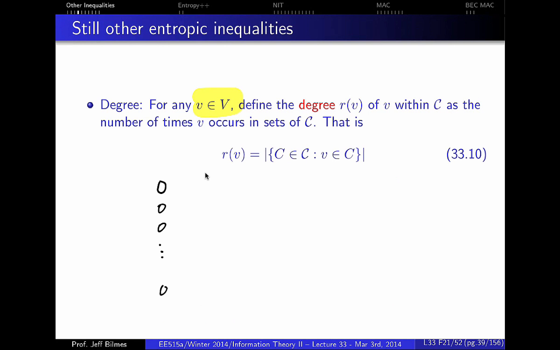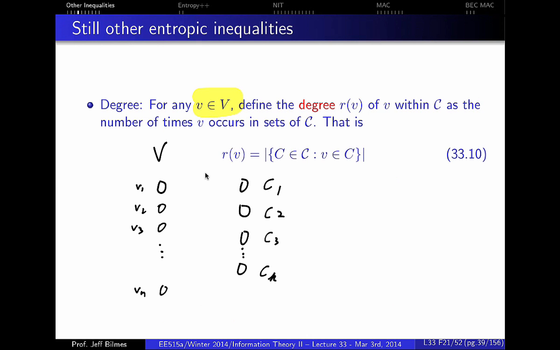So this is v here, and maybe this is v1, v2, v3, up to vn. Maybe this is c1, c2, c3, ck.